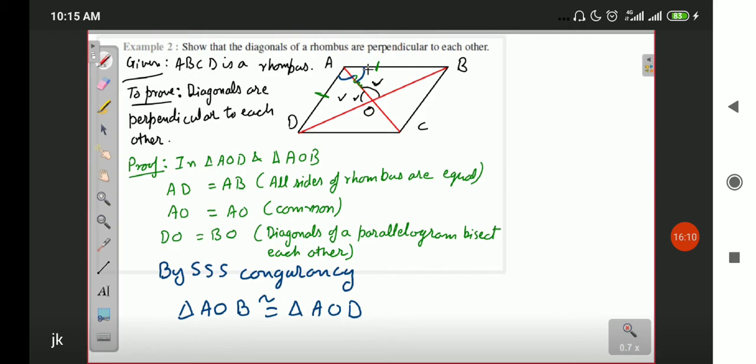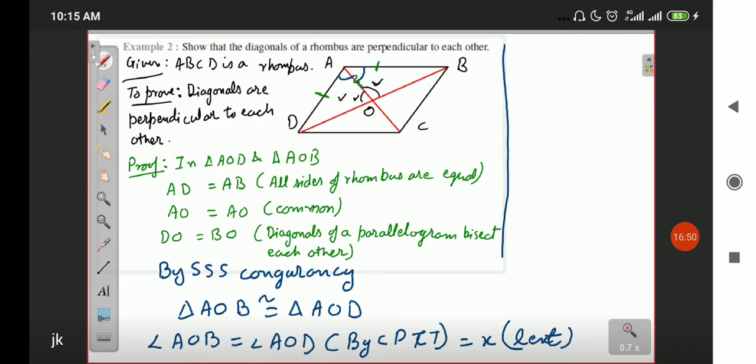The diagonals are not bisectors of interior angles in a rectangle and a parallelogram. Now in triangle AOB and triangle AOD, angle AOB will be equal to angle AOD by CPCT, and we will let both of these angles be equal to X.